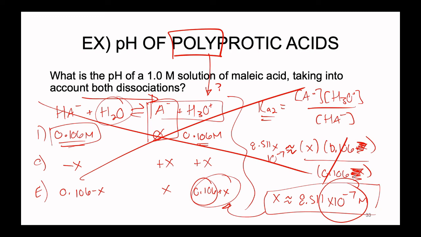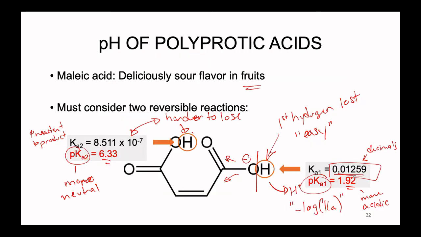Sometimes you will have to pay attention to the second, but how you can tell depends specifically on the magnitude of K. If you see that your first K is something times 10 to the negative 2, and suddenly your second K is nearly 1,000,000 times smaller, feel free to not even do that second calculation, because your first dissociation is going to be the only meaningful dissociation.